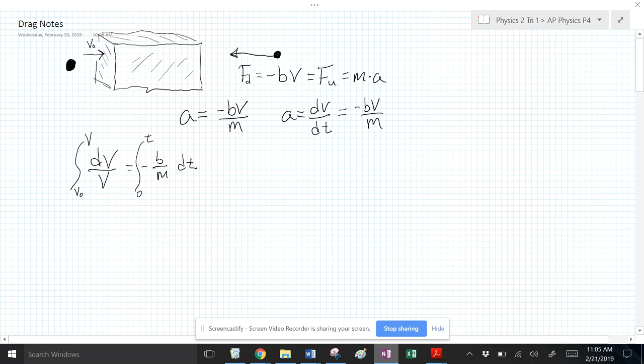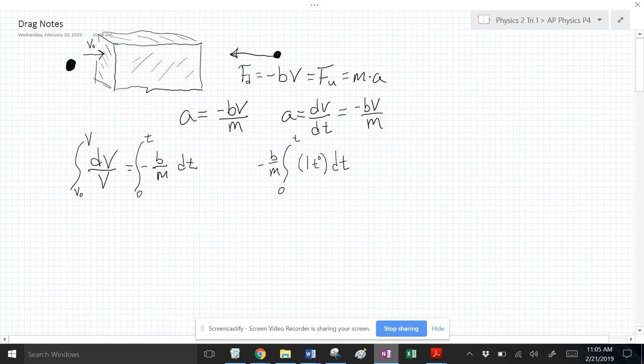The right side of this is pretty straightforward. Negative b over m is a constant, so we can pull that out in front of the integral. So negative b over m. And then effectively in here right now is 1, or t to the 0.